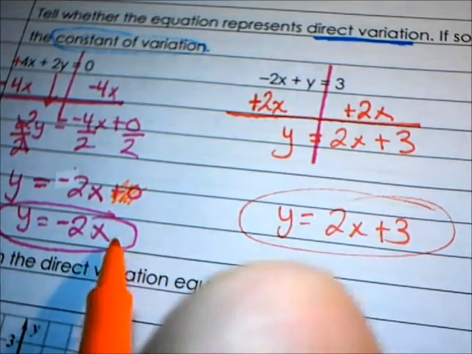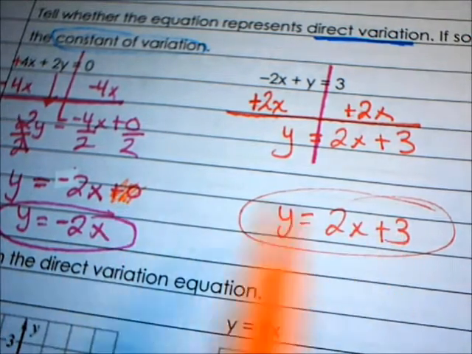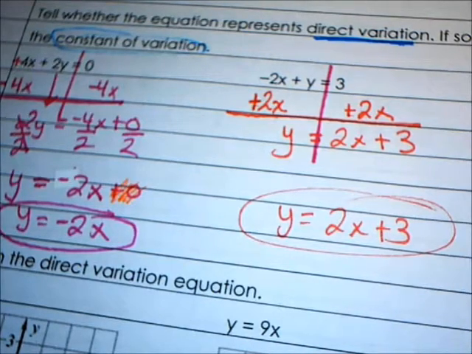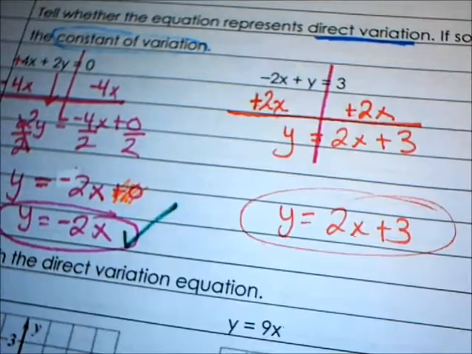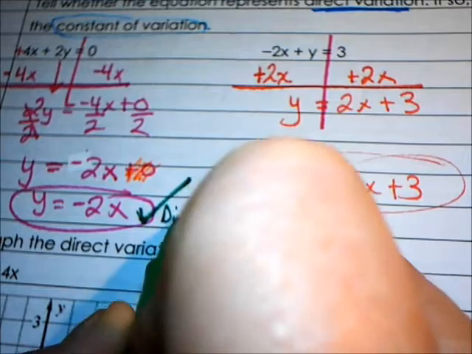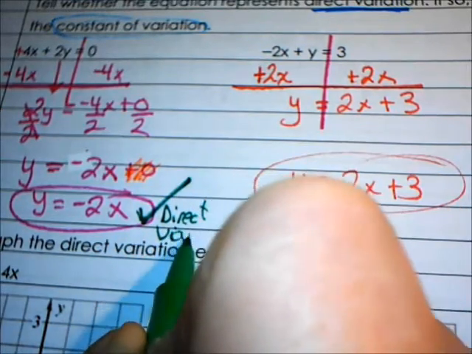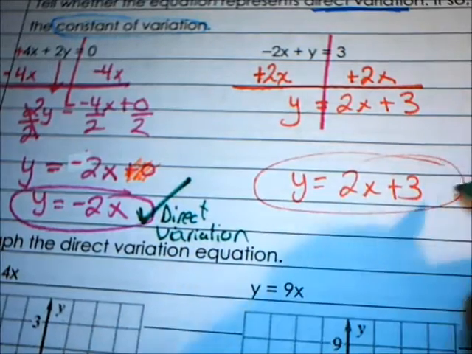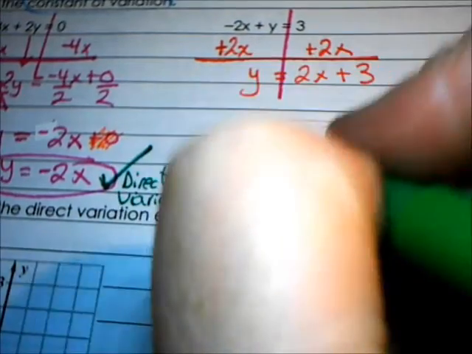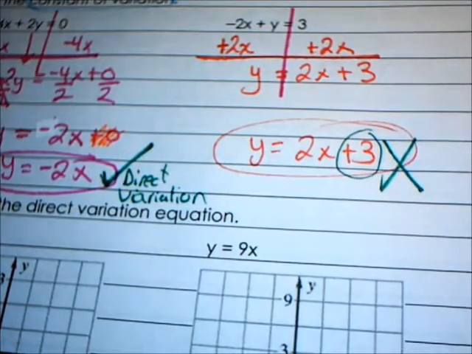So if I'm looking at the two, this one does not have a constant, and this one does. It has an extra number on the end. Which one is the direct variation? Well, the correct one is this first one. This one is a direct variation. This one is not. The reason this one is not is because of the 3. That's what's making it not a direct variation.